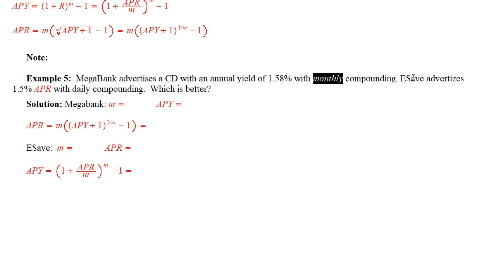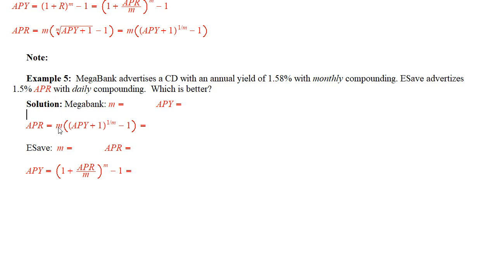And eSave advertises a 1.5% APR with daily compounding. And we want to know which one's better. We can either convert this APY to an APR, so we're comparing two APRs, but it's a little hard to tell without the compounding being figured in. So we really would like to take this 1.5% APR and change it to APY.